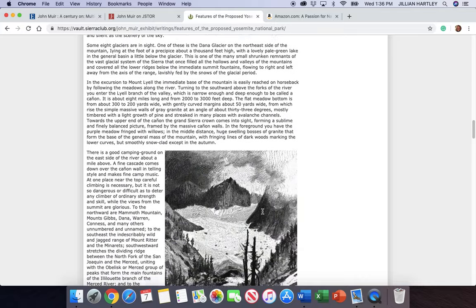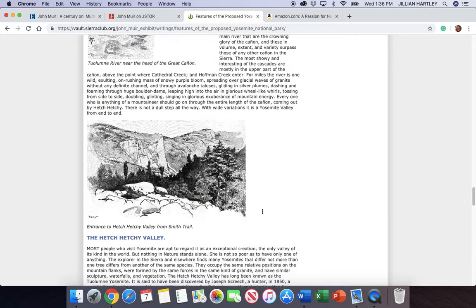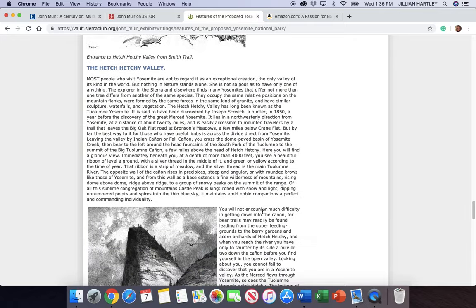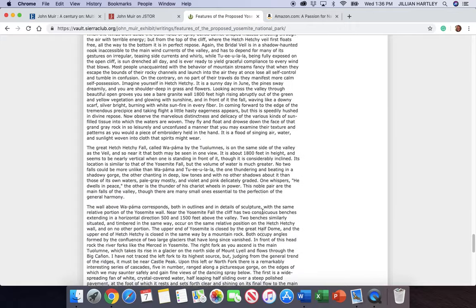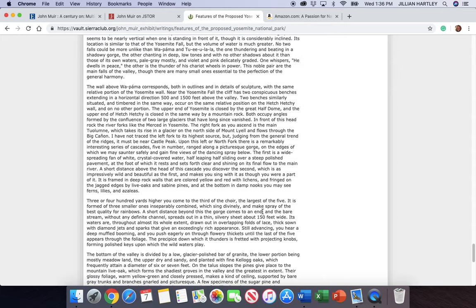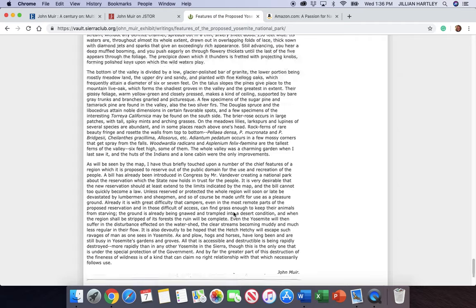This is a primary source from Muir from the time period that you would be studying if you chose to look into the reasons and the justification for taking Hetch Hetchy and damming it to help meet the needs of the future water demands of San Francisco.